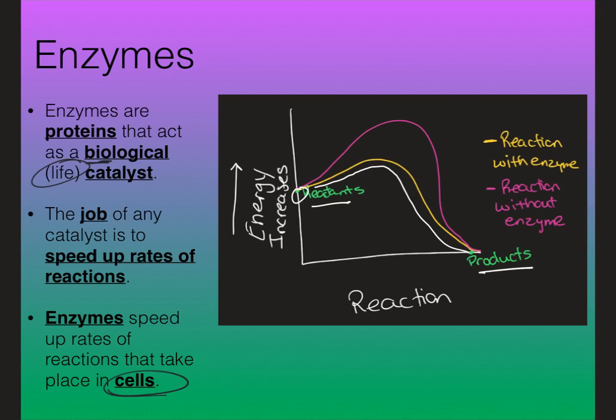The pink line is the reaction without the enzyme. It starts in the same place, but this time, the chemical reaction has to use much more energy because it doesn't have the enzyme to help out. So enzymes actually help to reduce the activation energy so that this chemical reaction can take place. This is what an enzyme can do for a chemical reaction.